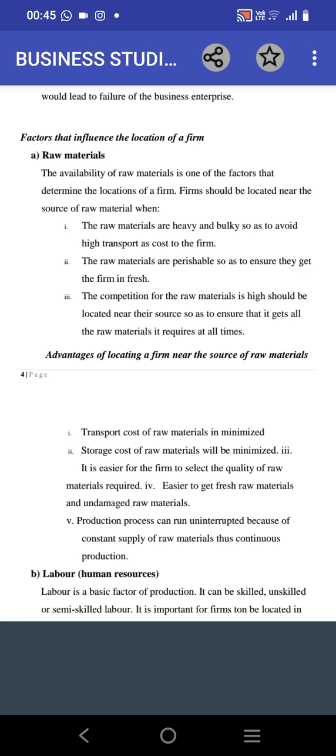Production process can run uninterrupted because of constant supply of raw material, thus continuous production. Yes, it will lead to continuous production, hence more supply will occur.